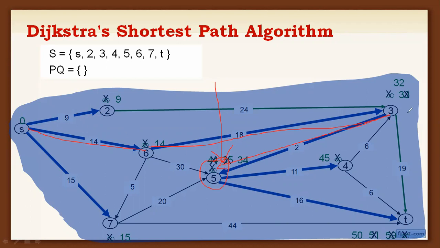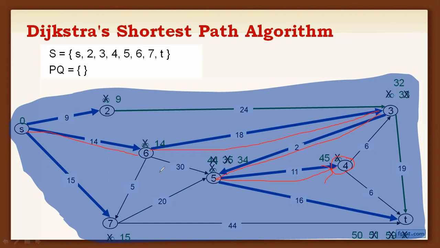S to 6, 6 to 3, 3 to 5. Next, find out the minimum path for stage 3. Here the minimum path for stage 3 we can calculate like this: S to 6, 6 to 3, 3 to 5, and 5 to 4.